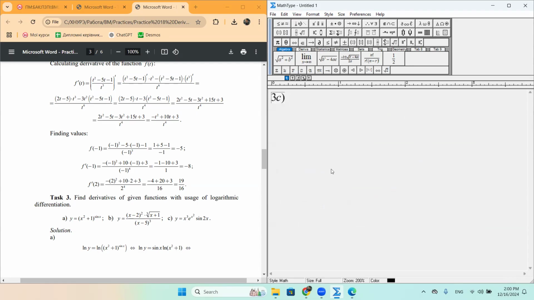So let's solve one more example. Task C. Again, we have a product of functions. We can transform this product into a sum using logarithmic differentiation.